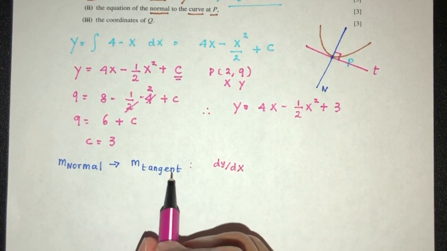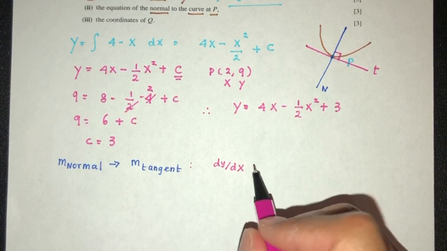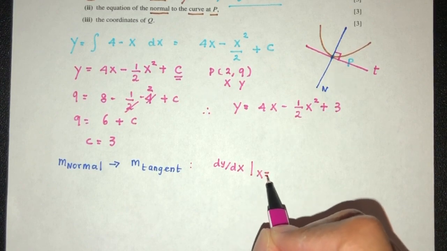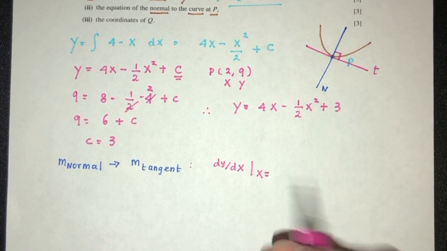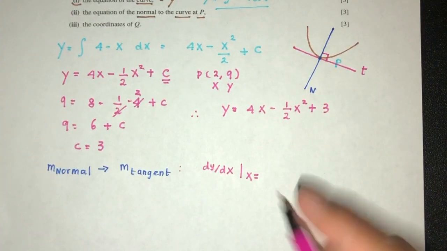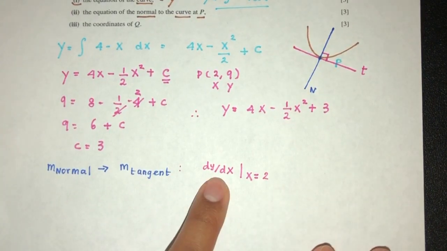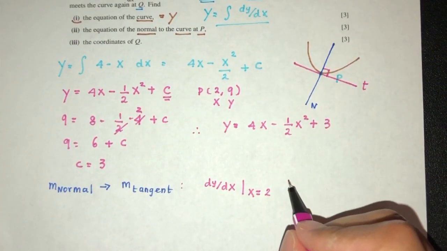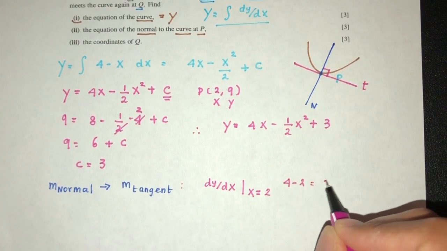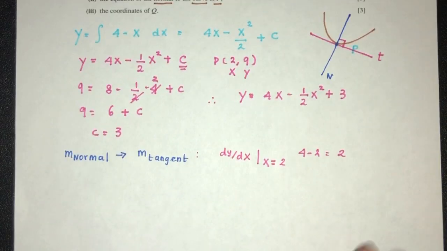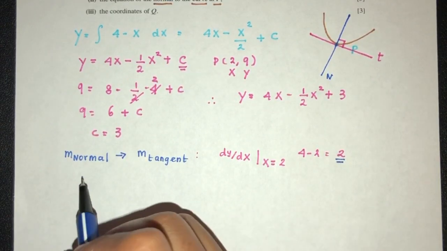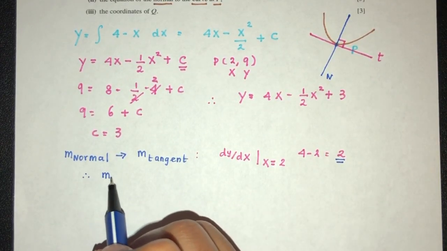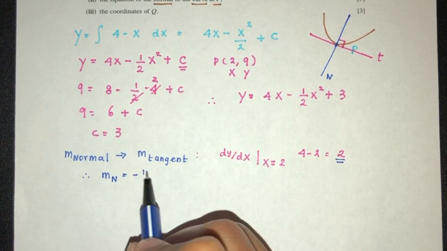Now it is at the point where? At the point P, when the value of x is equal to 2. We know dy by dx already, given to you by this: 4 minus x, that'd be 4 minus 2, that should be 2. Now if the gradient of the tangent is 2, we conclude the gradient of the normal has to be minus half.